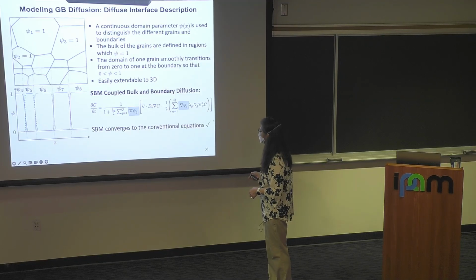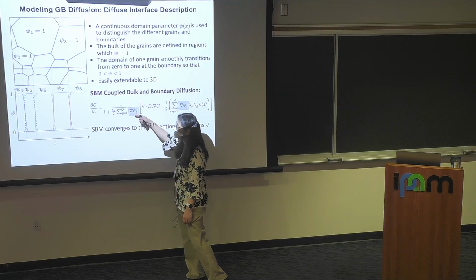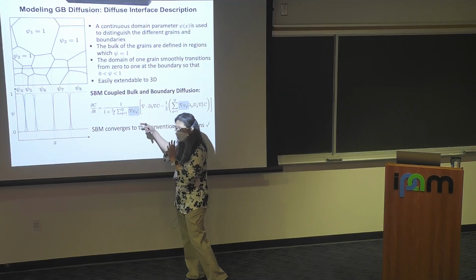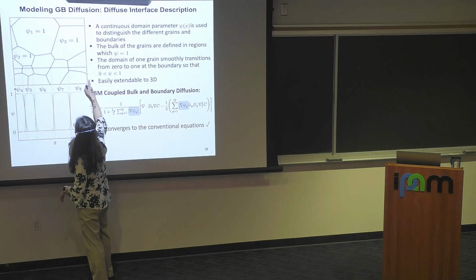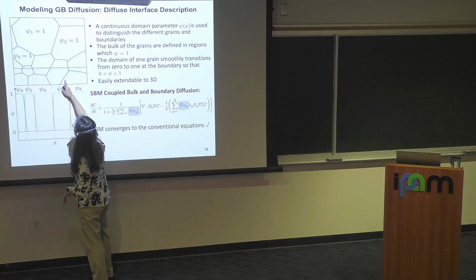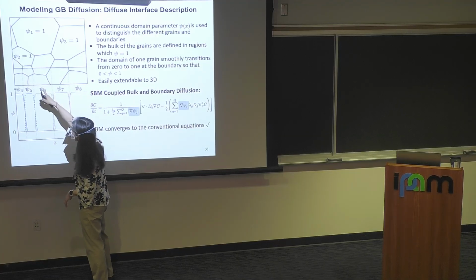You can look up the formulation, but basically it includes the enhancement or the hindrance of diffusion using the gradient of the order parameter of different grains. So one grain has an order parameter of 1 in that grain and 0 everywhere else.